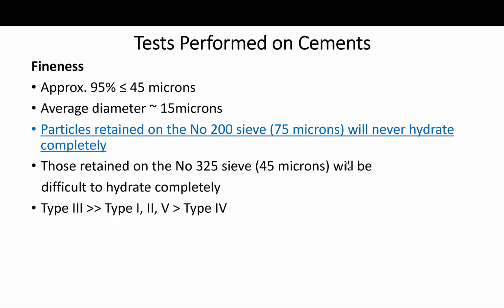Although it is possible to measure particle size distributions, the process of measuring particle size distribution is really cumbersome, and there is still no agreement on what would constitute a best grading curve for cement.